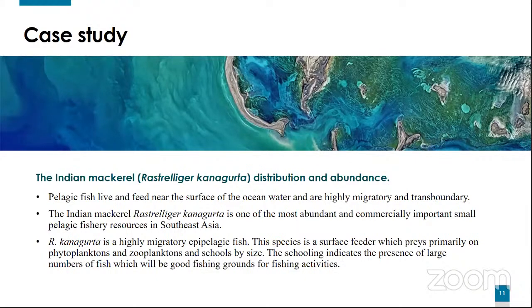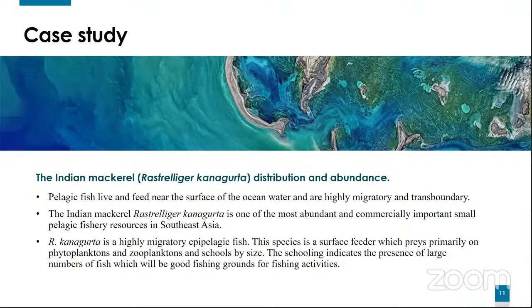So seperti kita tahu, pelagic fish live and feed near the surface of the ocean's water and are highly migratory and transboundary. So the Indian mackerel is one of the most abundant and commercially important small pelagic fisheries resources in Southeast Asia. So, Rastrelliger kanagurta is a highly migratory epipelagic fish.